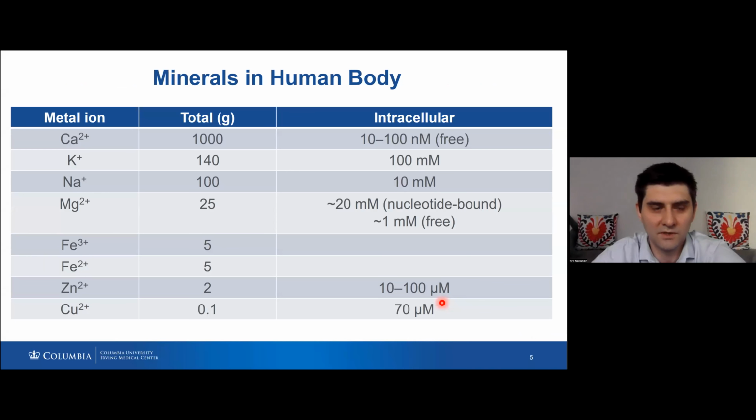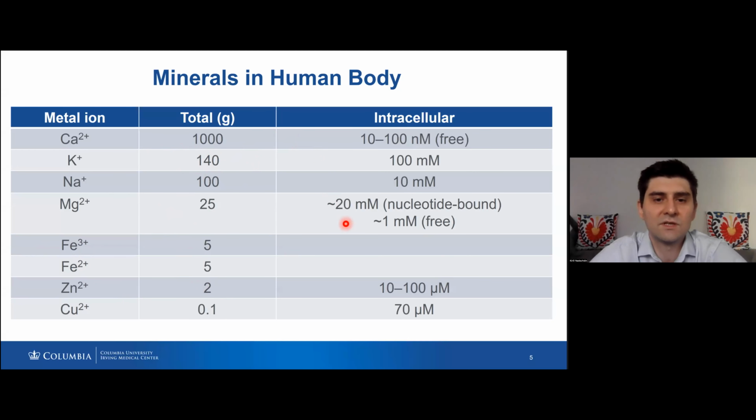minerals in the human body. So our body relies on minerals, and it cannot produce any of these metals. So we have to eat food and drink liquid to obtain all these minerals. And the most abundant one is calcium, followed by potassium, sodium, magnesium, a lot of iron, zinc, copper.